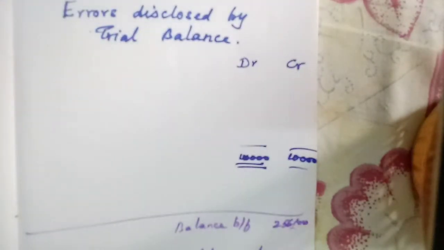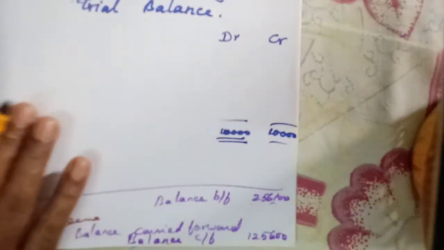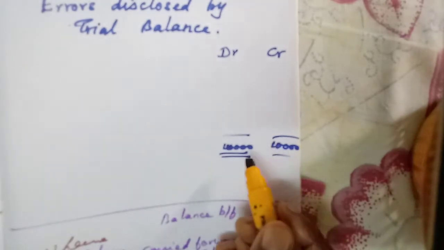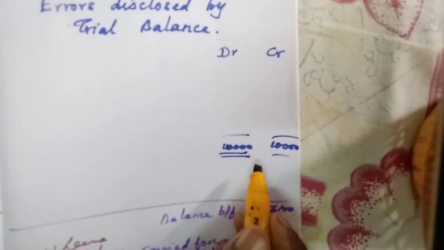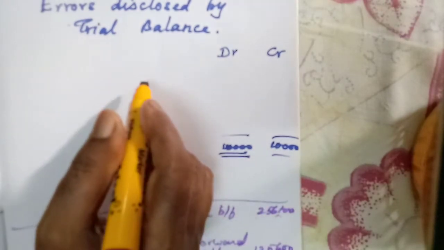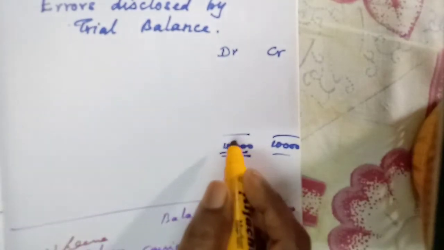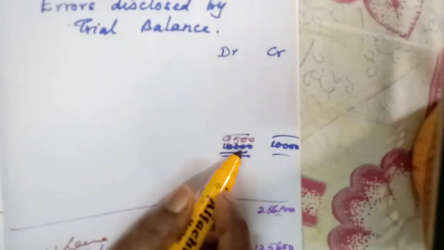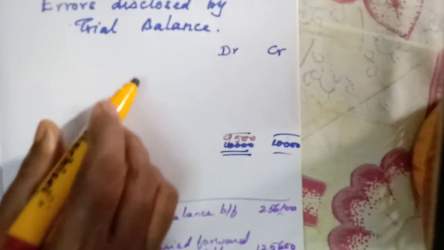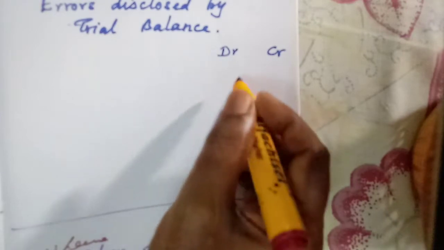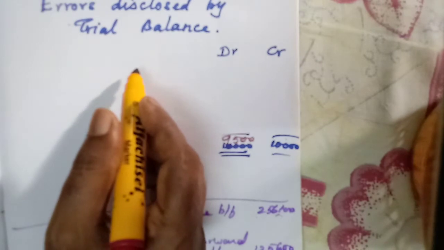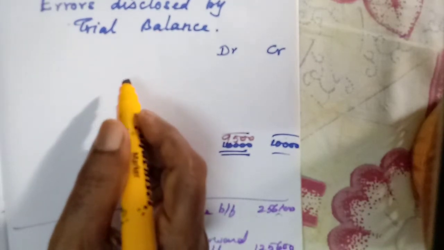But if there is any difference, here we get 9,500, here we get 10,000, we can think that we have made some mistakes. So we should test the totals first, and all the ledger account balances must be checked whether we have totaled and balanced correctly, okay.